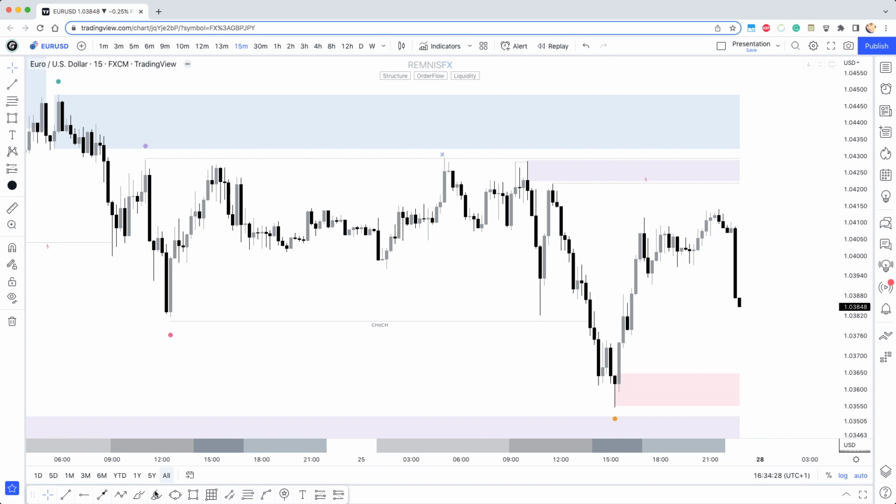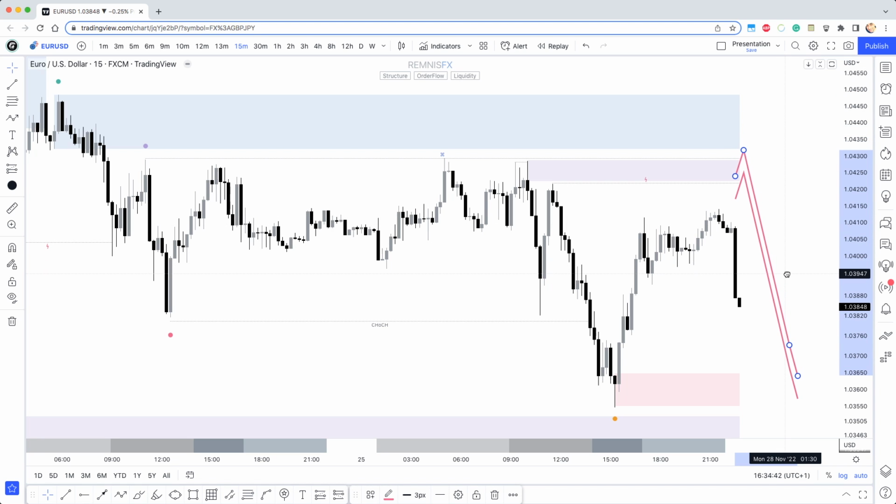So either price may well tap there and then go there, or it may do that after the engineered liquidity. But again, you have to go to the lower time frames to use your entry criteria or entry models to get high probability entries.